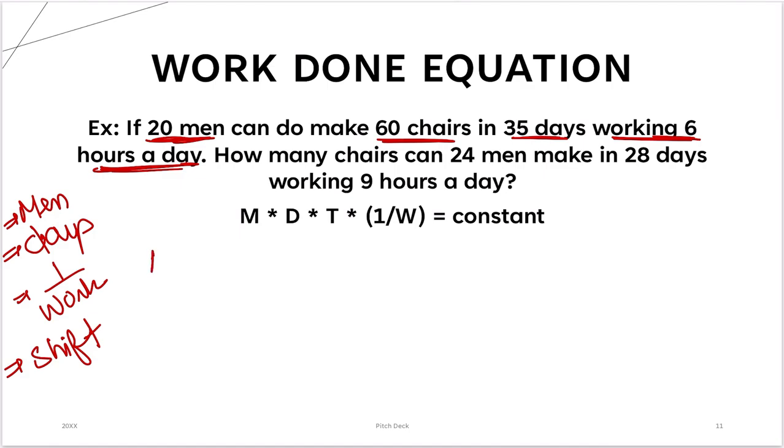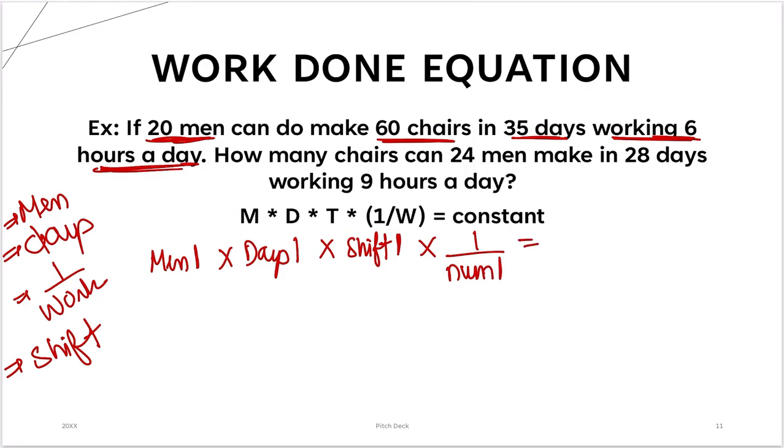So the formula will be men 1, days in first case, into total shift time 1, because longer the shift, more work can be done. Shorter the shift, less work they can do. So number of chairs in the denominator, that is men 2 into days 2 into shift 2, the length of the shift, into 1 by number of items 2.